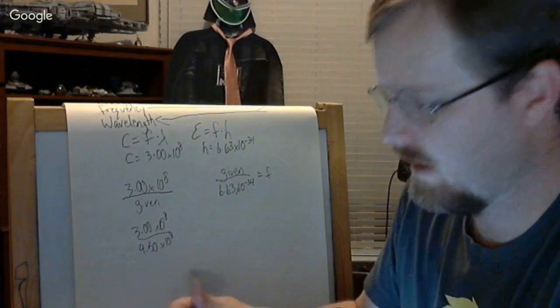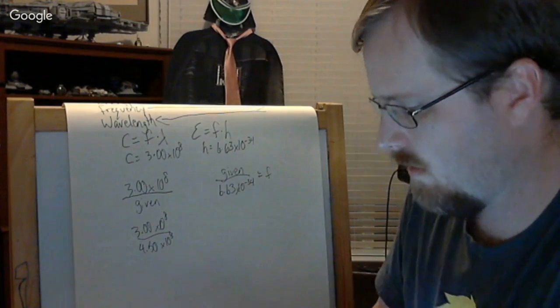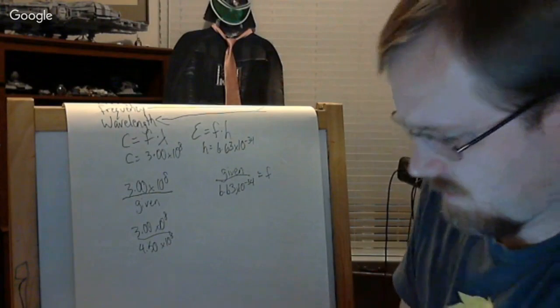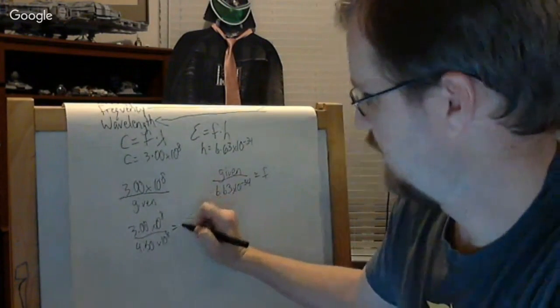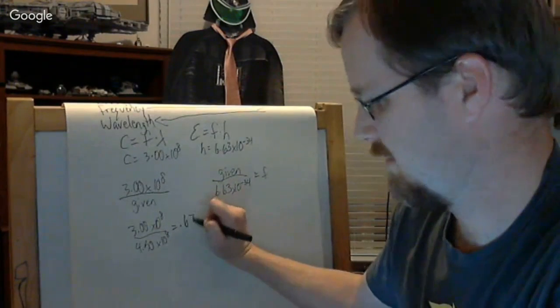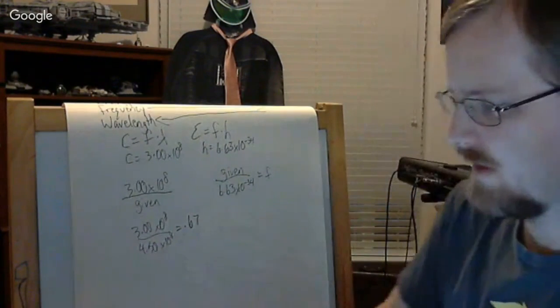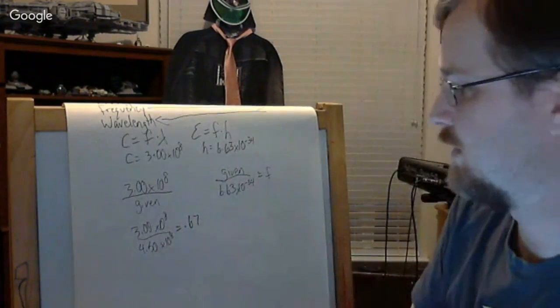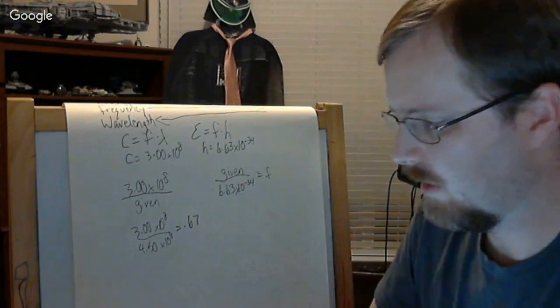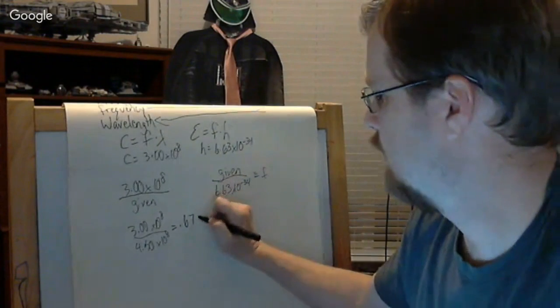You're almost correct, but not quite, because the answer that you get equals 0.67. So it's not 0.67 times 10 to the 15th, it's just 0.67.